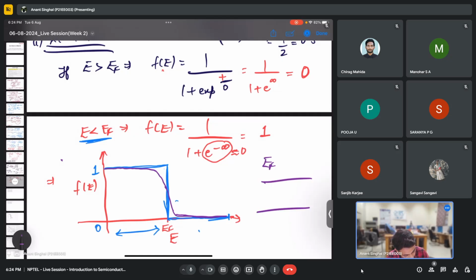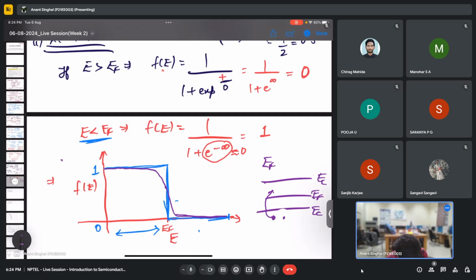If I write EC, EV and EF, if I increase the temperature, there is a possibility that these electrons get excited and go over the Fermi level. So the more the temperature, the more will be the probability.